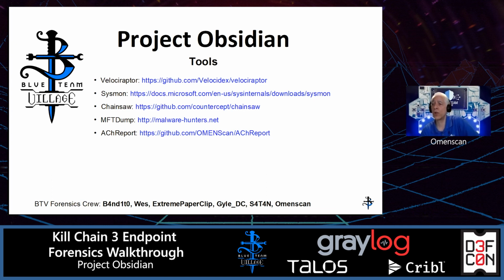And we also use a tool called MFTDump, which takes the MFT, which Velociraptor collected, turns that into a comma-separated values file, a CSV file, and then ACH report can ask that file questions about files that are identified on that machine. And this is where we got some timestamps of when those hostile files were created and how they were created, what tools were used to create them.